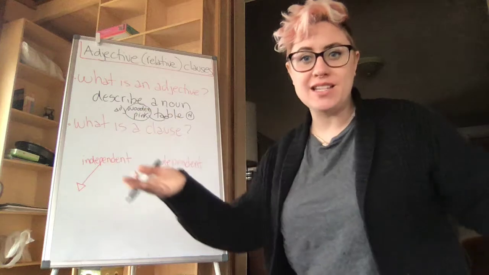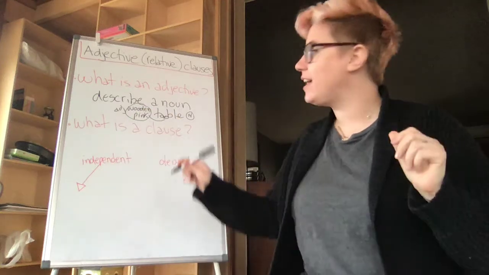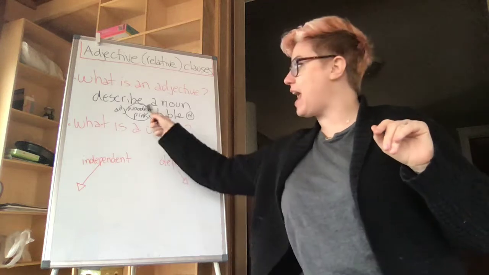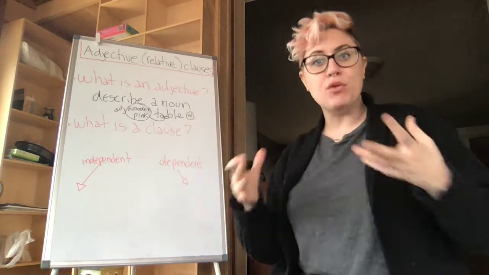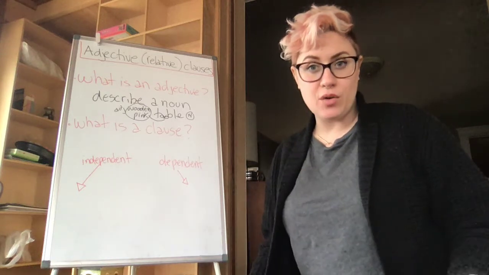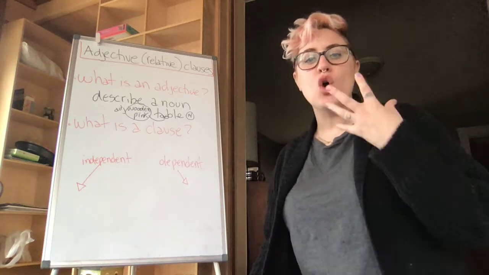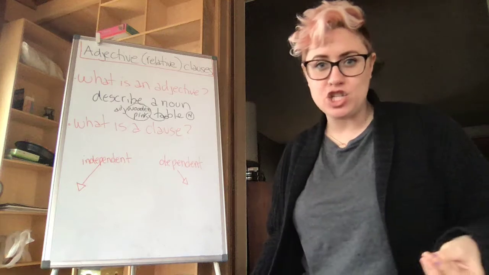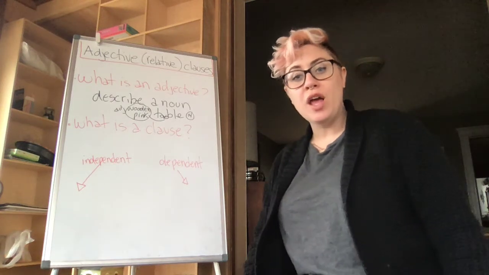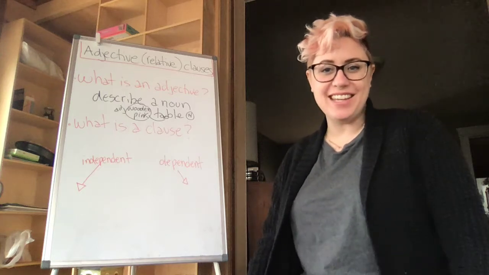There are 30 tables. And you say, oh, I like the pink table. So the adjective helps separate the noun from a group of similar nouns. It's adding extra qualifying information about the noun. Okay, so now we know what an adjective is.